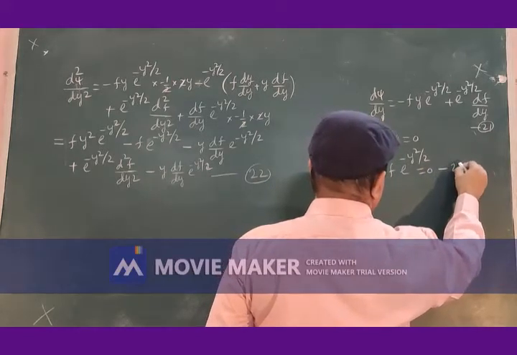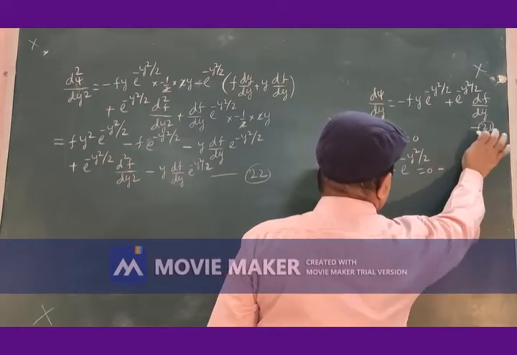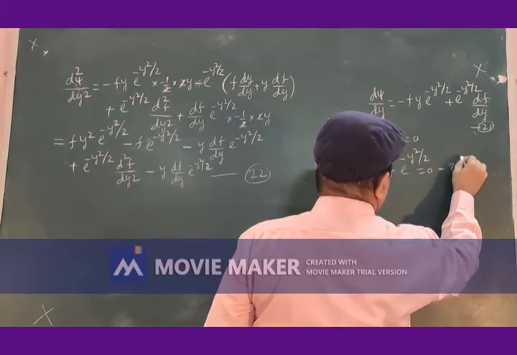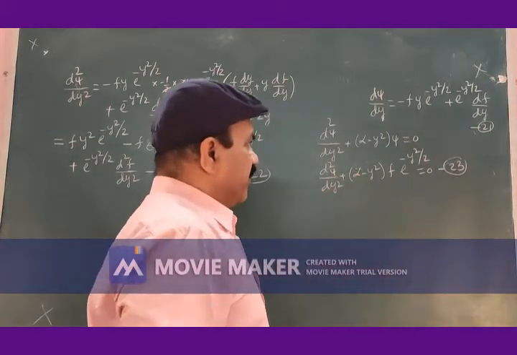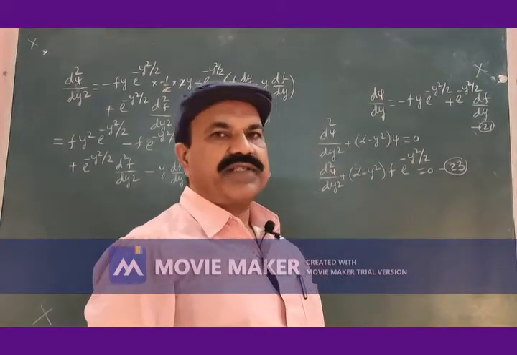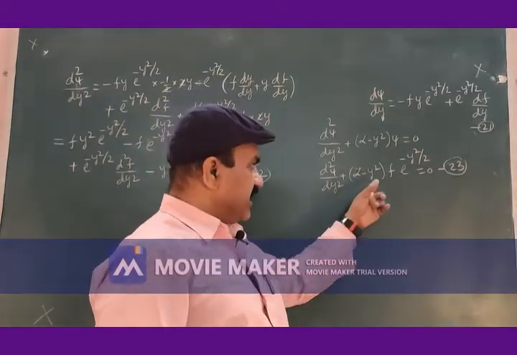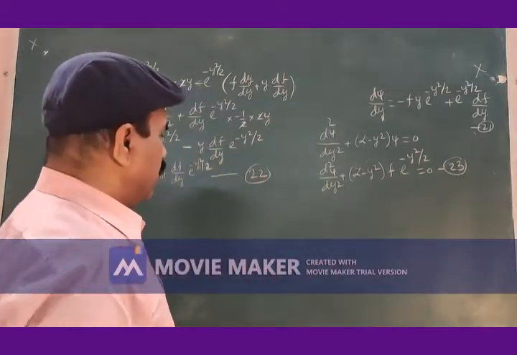Let me call this equation 23. After putting psi is equal to f e to the power minus y square divided by 2 in equation 13, it has become this.